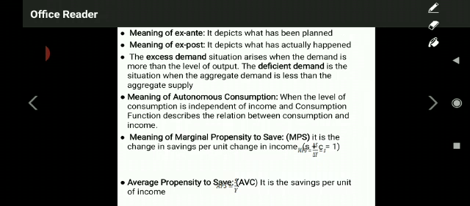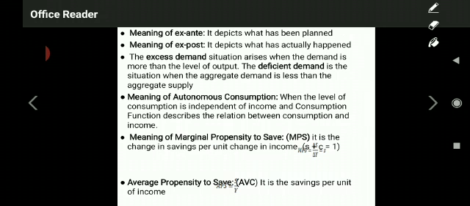For example, you went to market with 100 and while coming back home your expenditure is 120. It is because of change in the price of goods and services. It happens. So when you understand the difference between ex ante and ex post, you are able to understand the determination of income and employment topic.